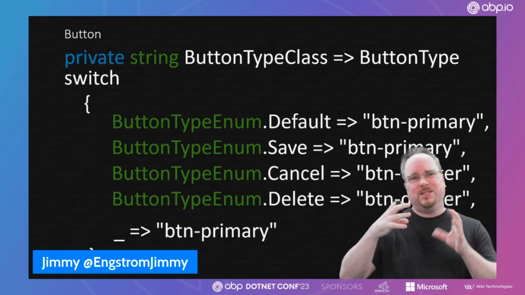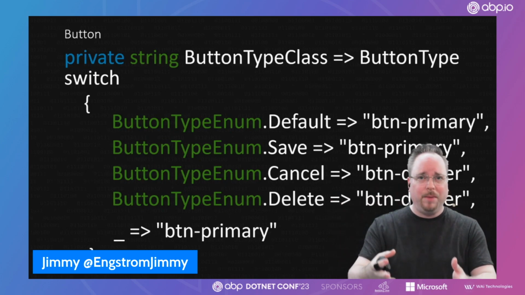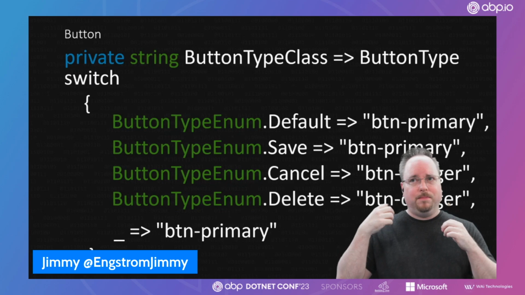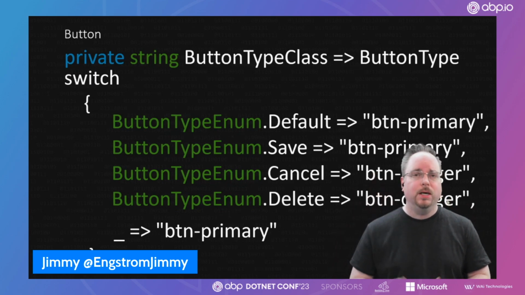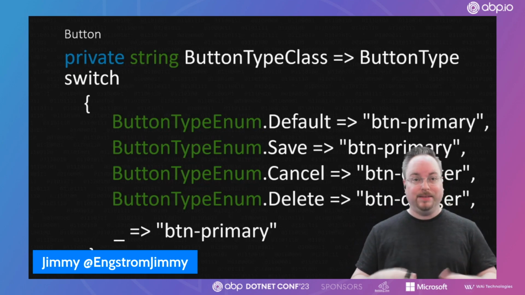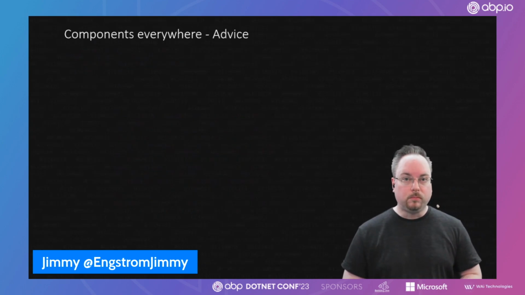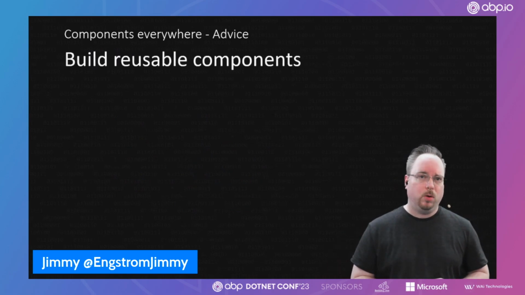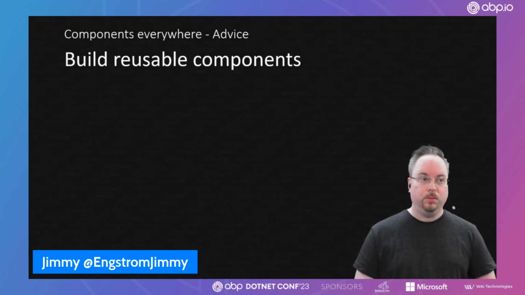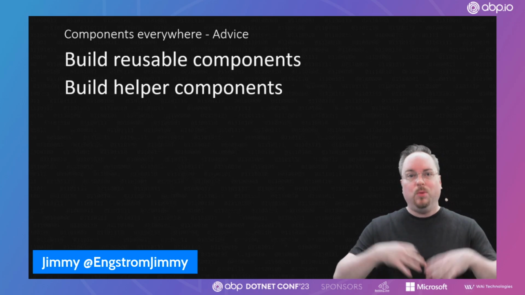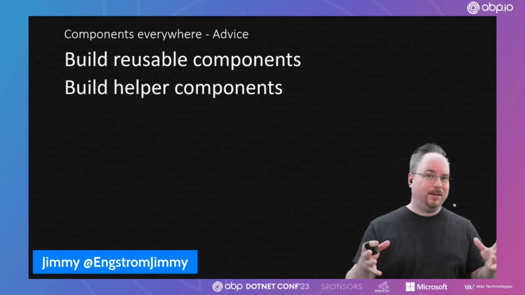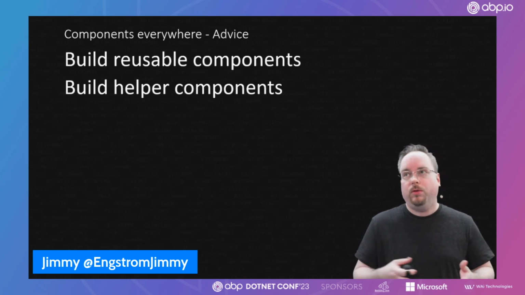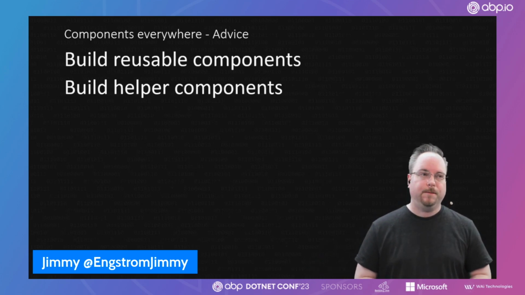So making these kinds of components, even if you're using a component library, you can use these types of helper components to simplify the usage and get some default values in there. So components everywhere. My advice is build reusable components like the ones I just showed you, and build helper components that will help you understand and get the right components for the right values depending on what you're using.